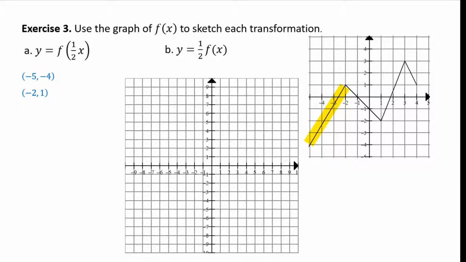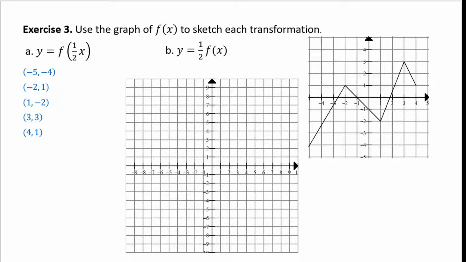In quad 2, it decreases from (-2, 1) to (1, -2) in quad 4, and increases from (1, -2) to (3, 3) in quad 1, and decreases from that point to (4, 1), also in quad 1.